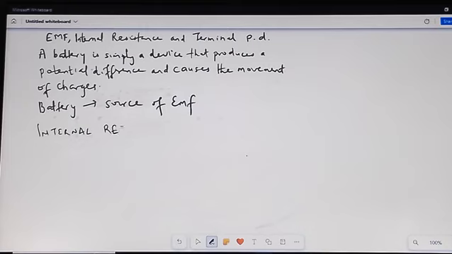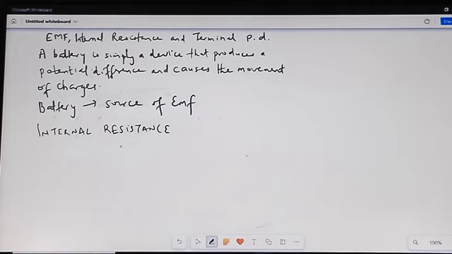When you say internal, it has to do with the inner parts. And when you talk about resistance, it is the opposition to current flow in a conductor.